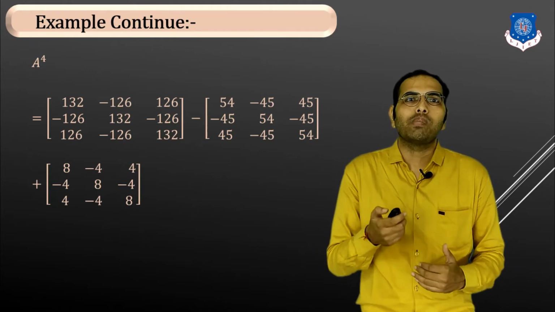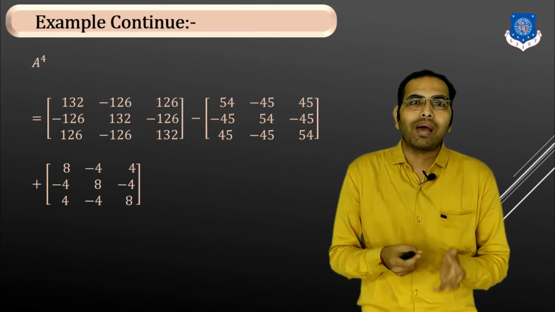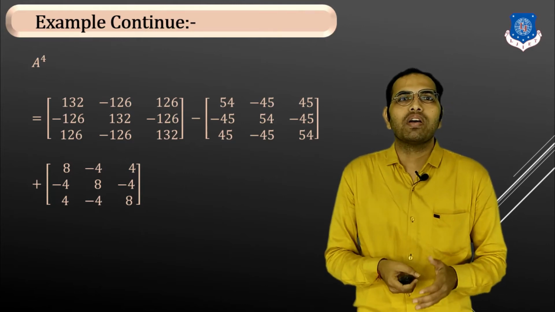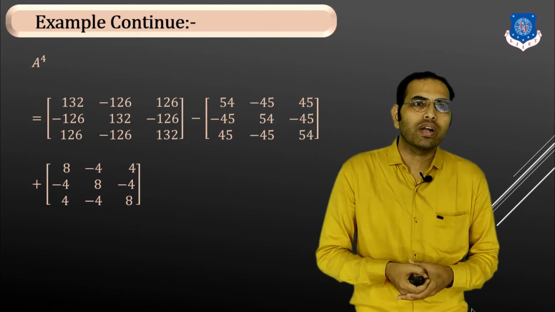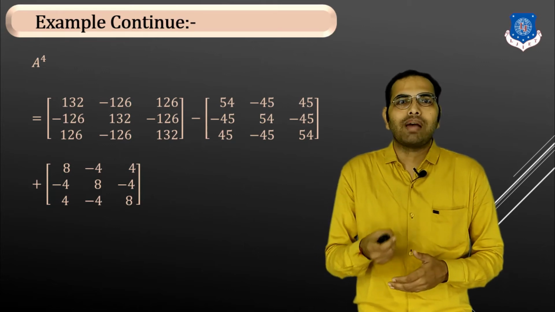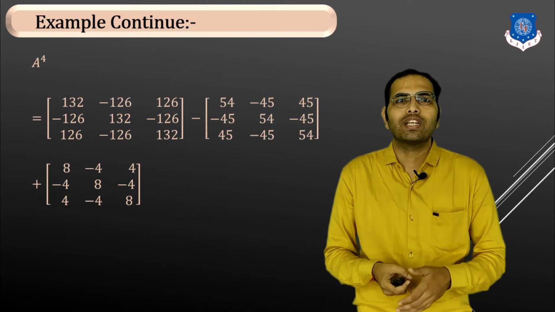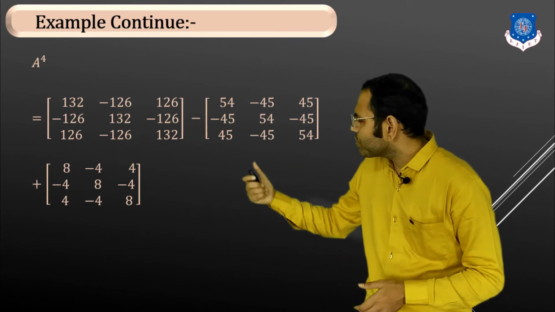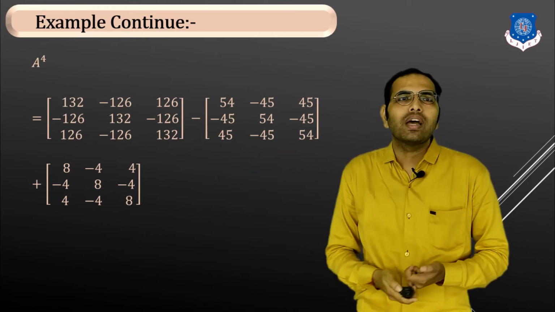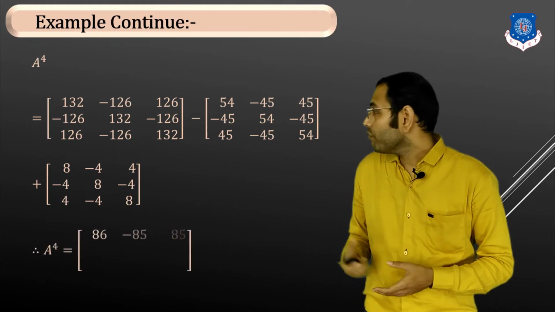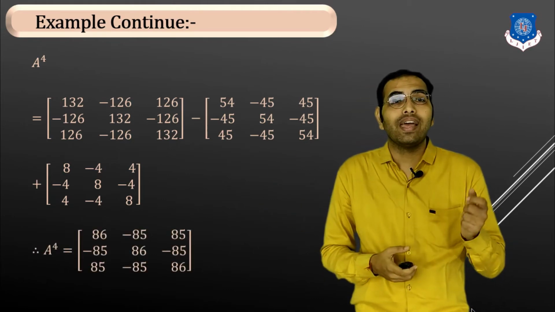In the second row, minus 45, 54, minus 45. In the third row, 45, minus 45, 54; plus 8, minus 4, 4. Minus 4, 8, minus 4. 4, minus 4, 8. Simplify this equation, means adding or subtracting.